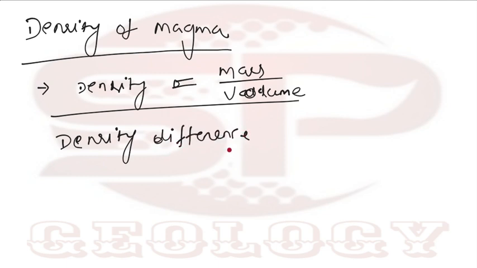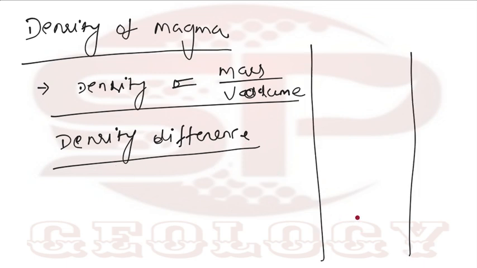Suppose at a particular depth, magma is forming. Newly formed magma has lesser density than the surrounding rock. So that's why it will tend to rise, because of the density difference between the newly formed magma and the surrounding country rock. So density difference plays an important role during ascent of the magma.